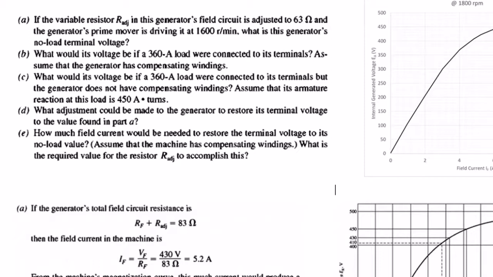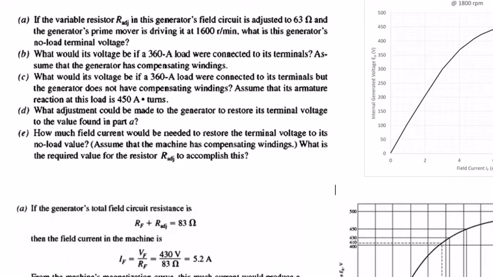So again, the machine speed is directly proportional to the internal generated voltage EA, which means that if the speed is doubled, then the internal generated voltage is doubled. If the speed is tripled, the internal generated voltage will be tripled as well, and so on.